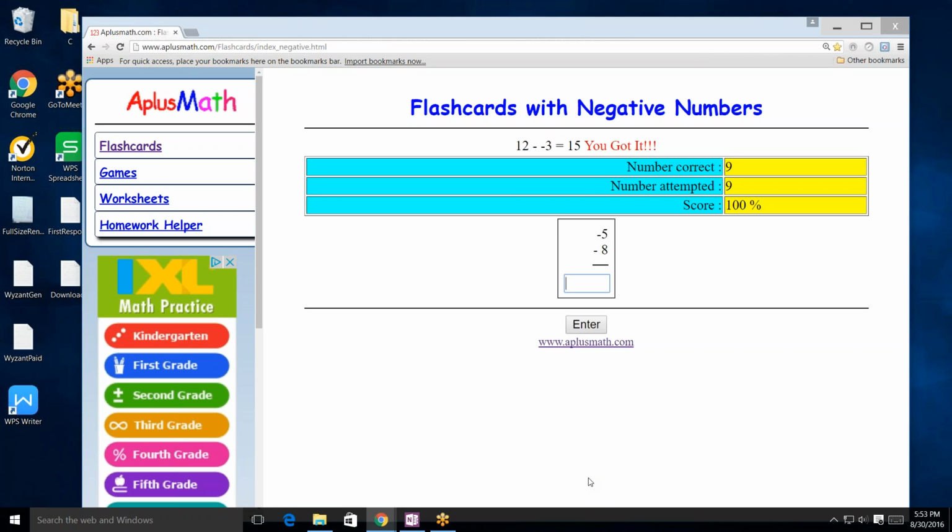Negative 13. Right. When you see a problem like this, the way I'd like you to see it is minus plus 5, plus negative 8. That's the same problem as this. Negative 5 plus negative 8. It's just easier on the brain if you see it as negative 5 plus a negative 8.